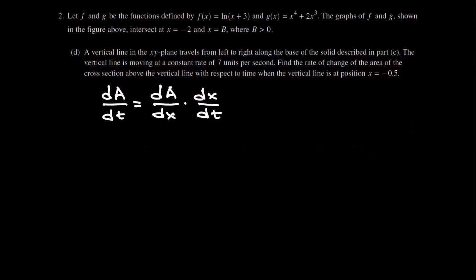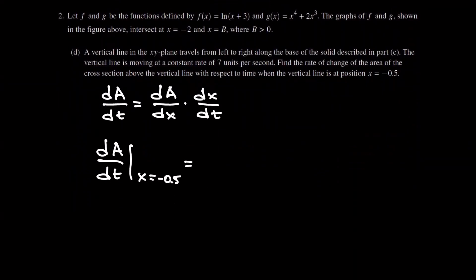We get dA over dt at the moment x equals -0.5. This is equal to the derivative of A at x equals -0.5 times 7.